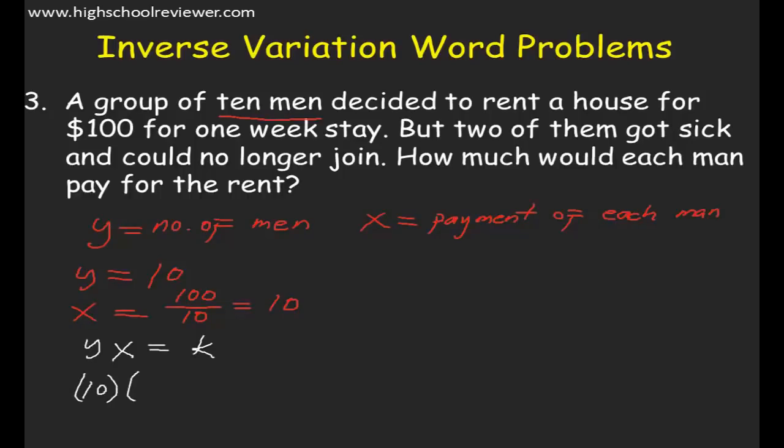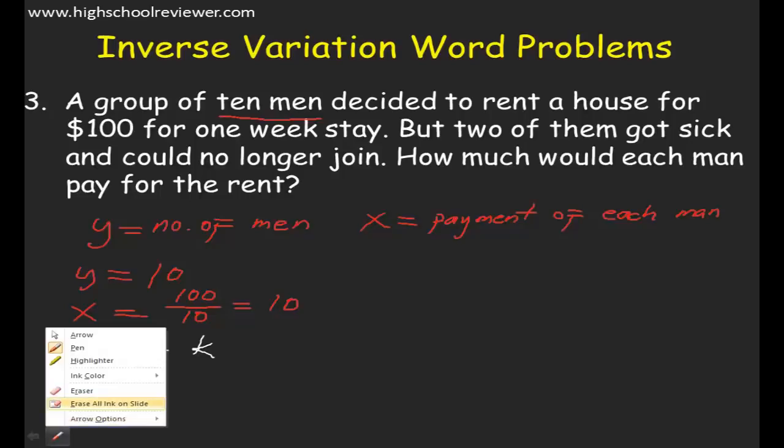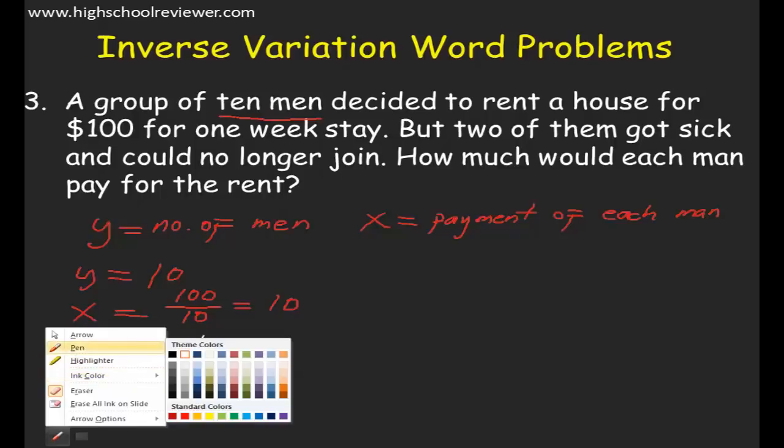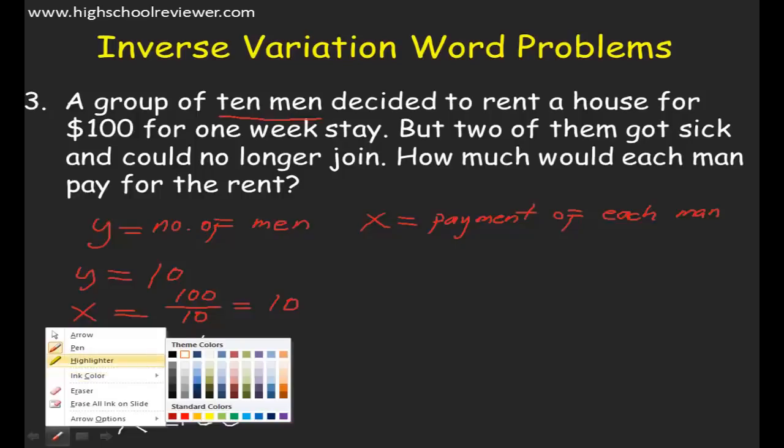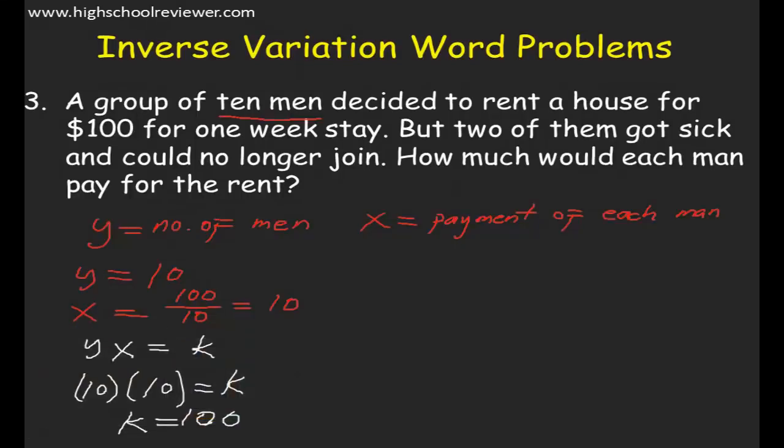Multiply that by x, which is also 10. So this will be 10 times 10 equals k. So our constant of proportionality will be 100. And then we will find the second values of y and x.